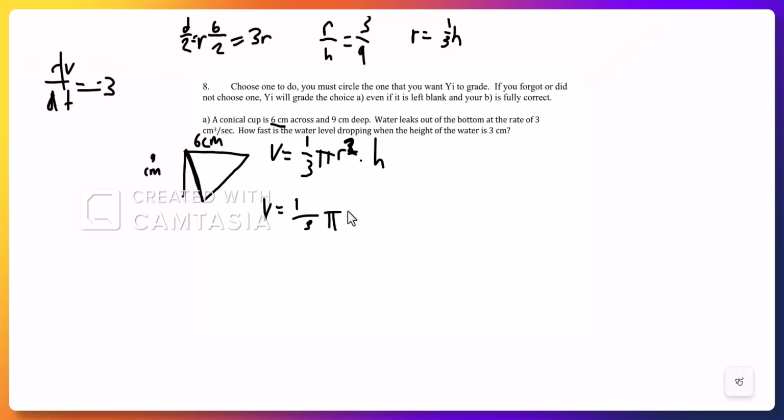So r is going to be 1 over 3 h, in parentheses, squared, times h.